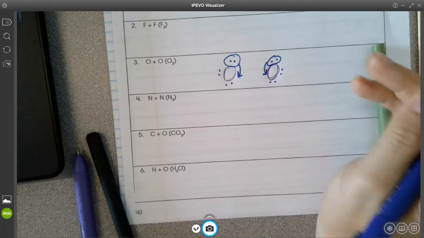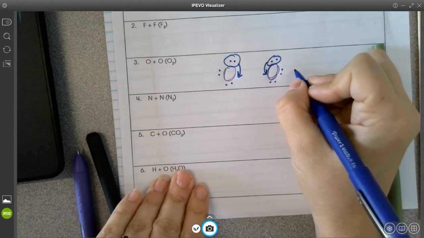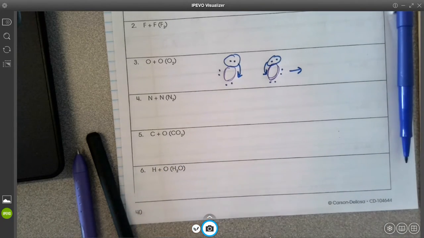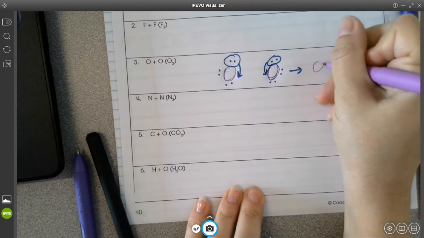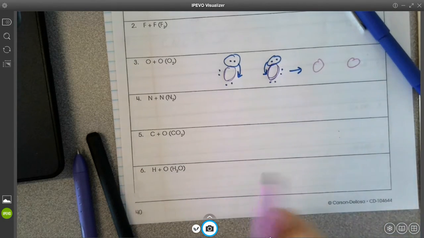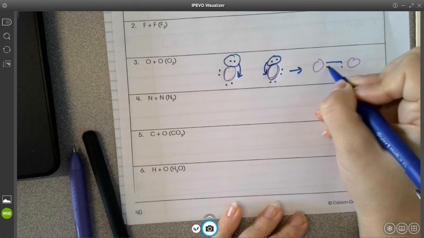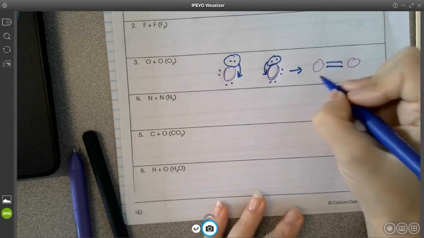So I need to make 2 bonds to get those 2 electrons. So oxygen, oxygen, 1, 2, 1, 2. And I'm creating my 2 bonds.